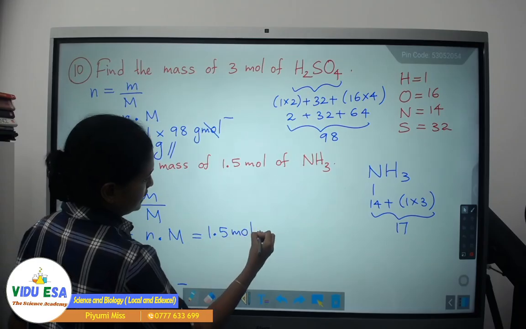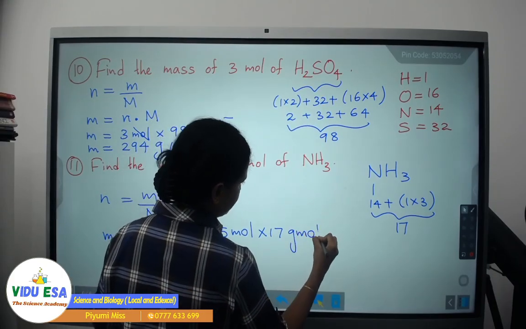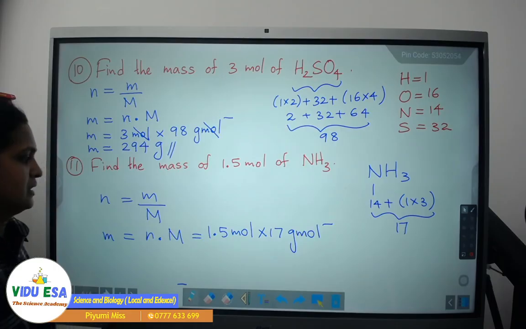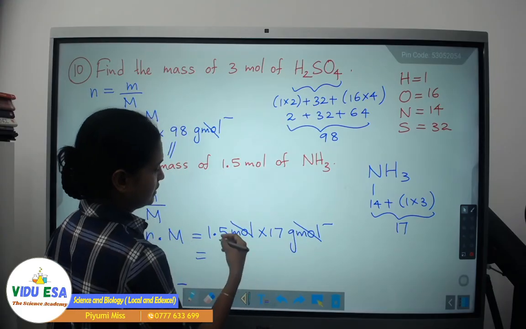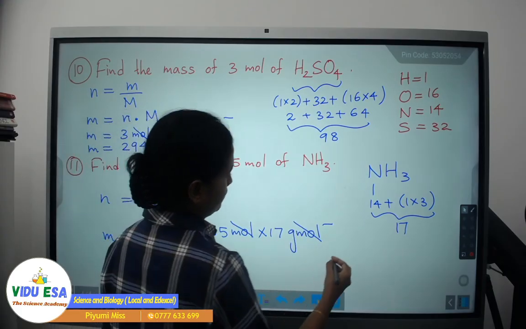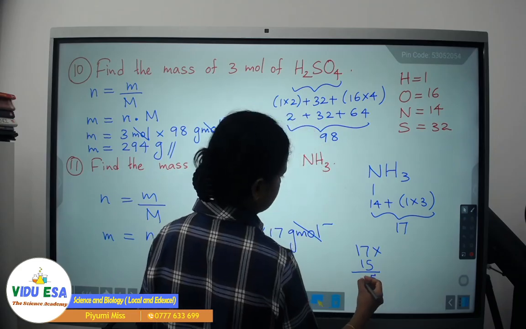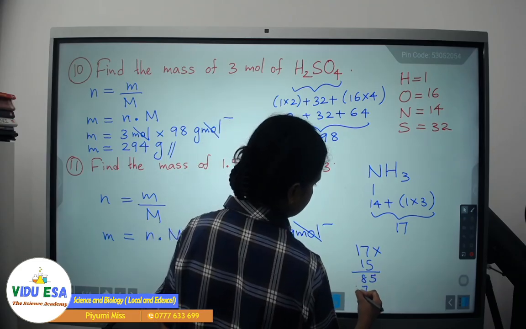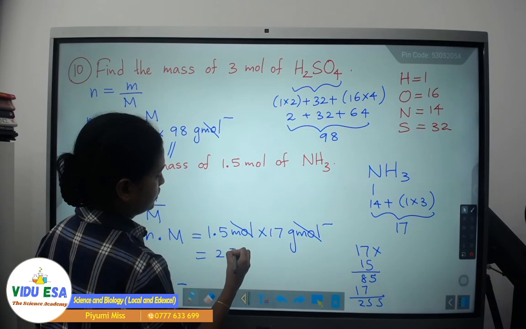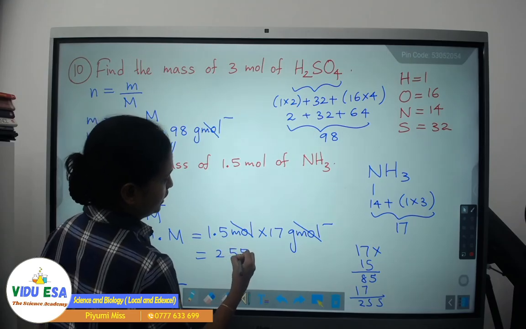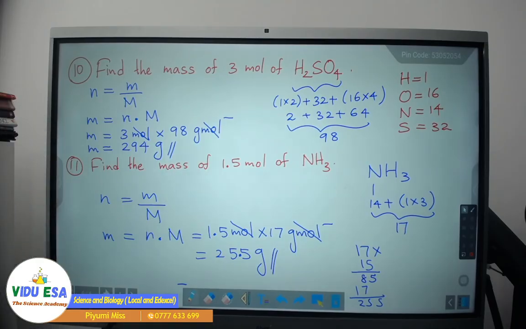The molar mass is relative molecular mass taken in grams, 17 grams per mole. So 17 into 1.5, 17 into 15, is 25.5 grams. Got the answer?